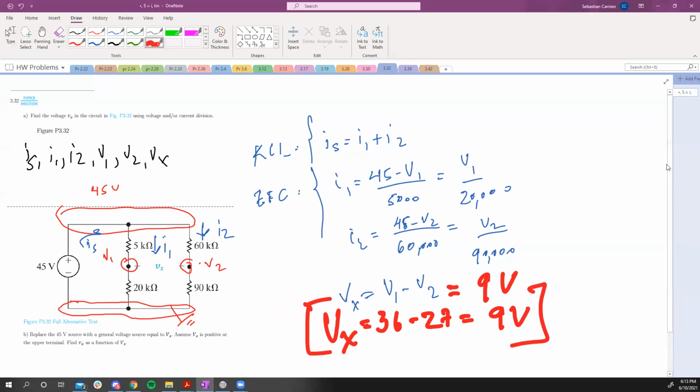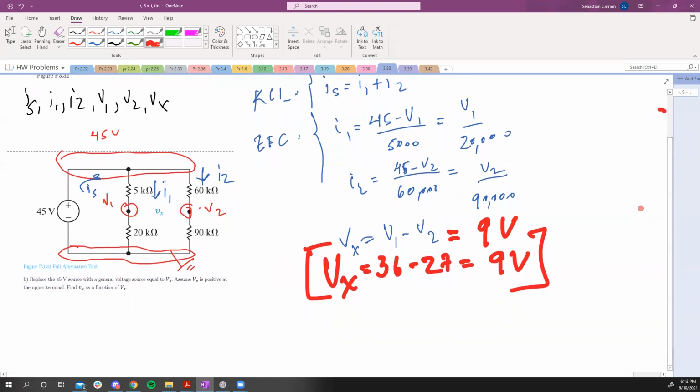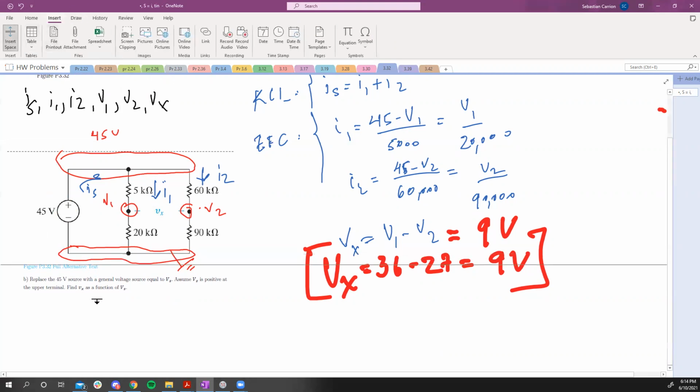Right, so now we've got the second part, where we replace this 45 volt source with a variable, which could represent any random source.